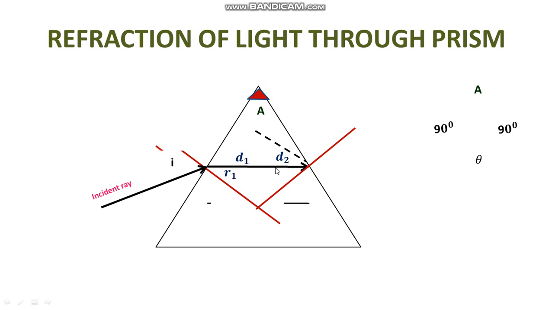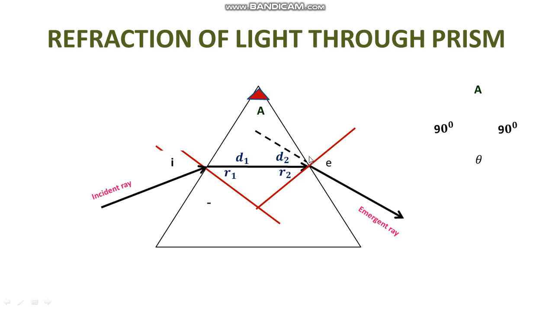Now this ray acts as an incident ray on the second surface. Now light travels from denser medium to rarer medium, so it bends away from the normal. So this is the emergent ray. The angle of incidence on the second surface I am writing here as r2, and this is the angle of emergence.